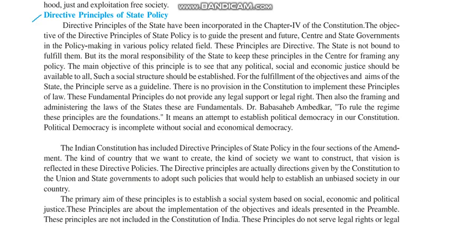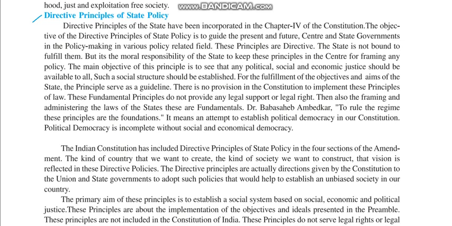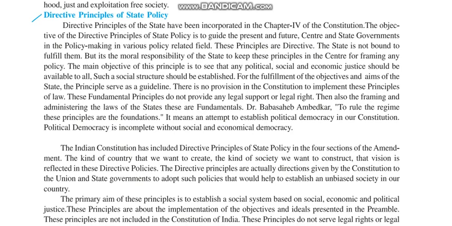Today we are going to see the topic directive principles of state policy in detail. So without wasting time, let us start.